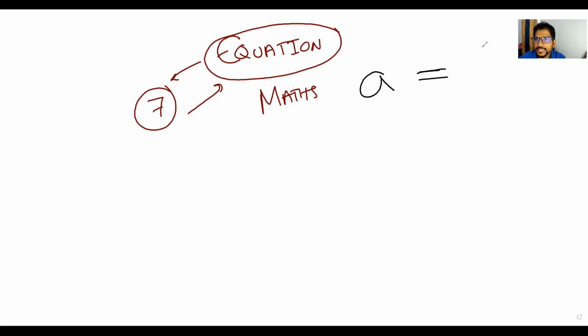Side A is equal to side B. The same principle is applied in accounting also. According to the subject of accounting, there is a side A and there is a side B. This lesson helps you to understand that always side A is equal to side B.